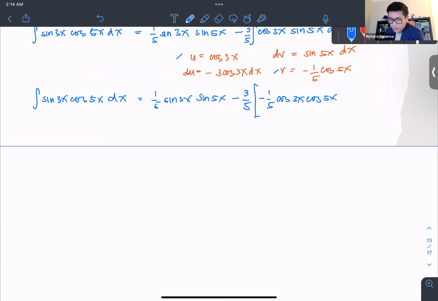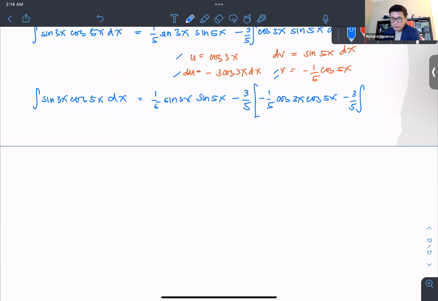And then afterwards, I'll just have the minus and the integral of v du. So we multiply the v and the du. I'll start with the coefficient: negative 3 multiplied with negative 1/5 makes it positive 3/5.